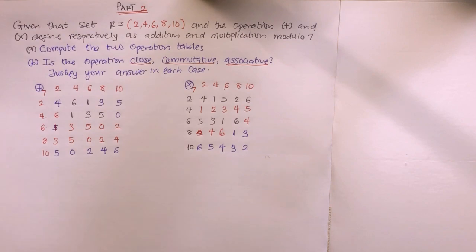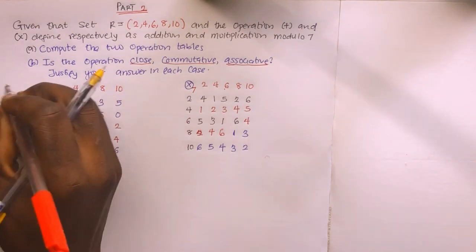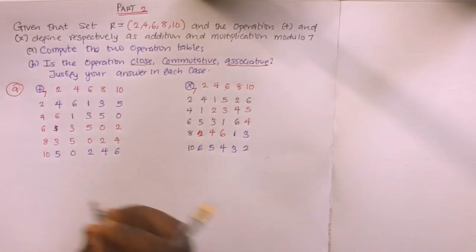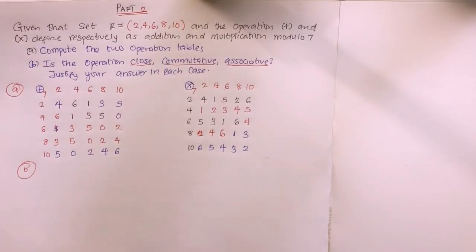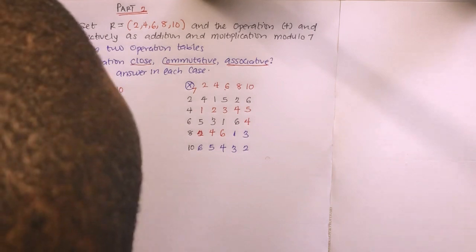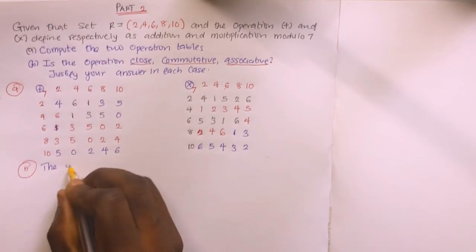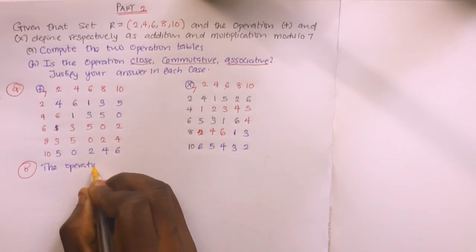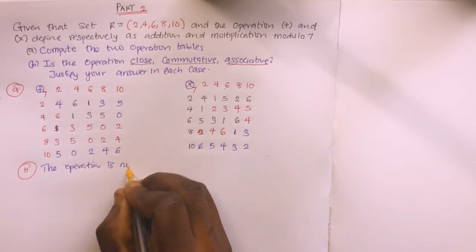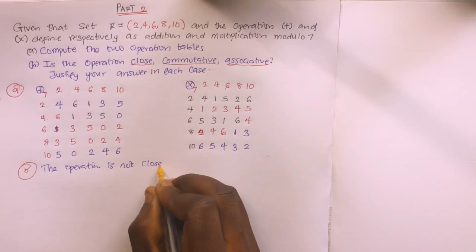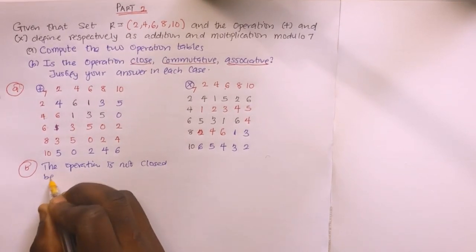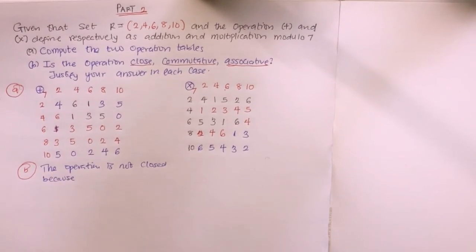Now let's move to question 2. Now looking at this is our question A, right? Moving to question B now. Is the operation closed? No, the operation is not closed. Why?